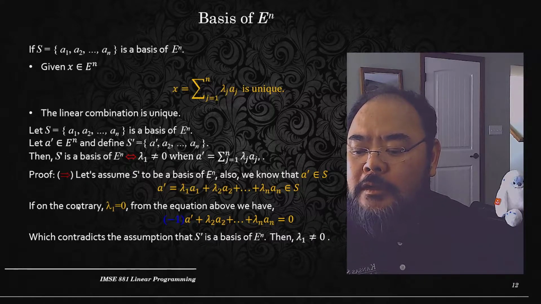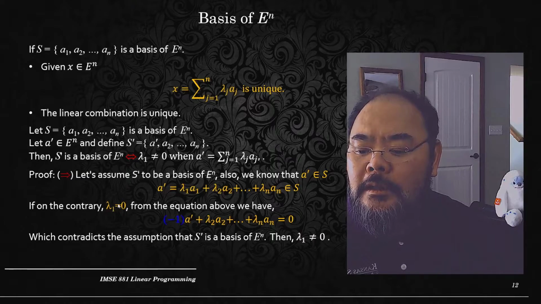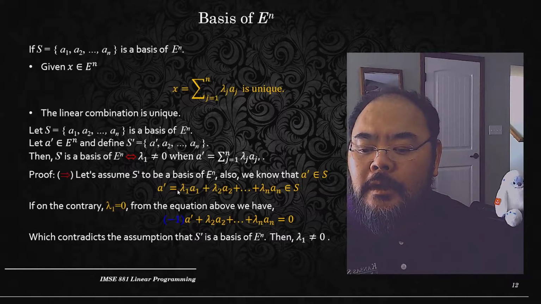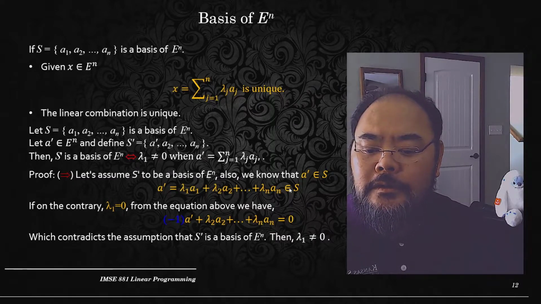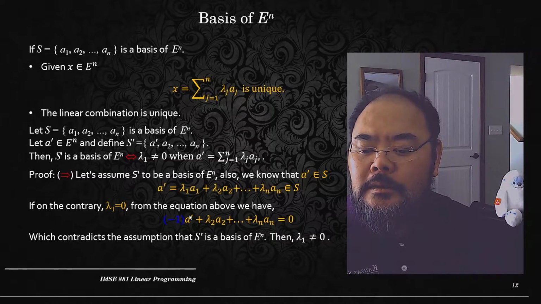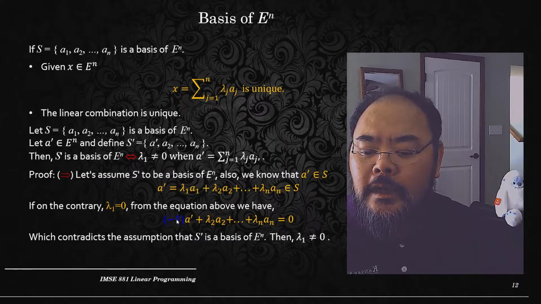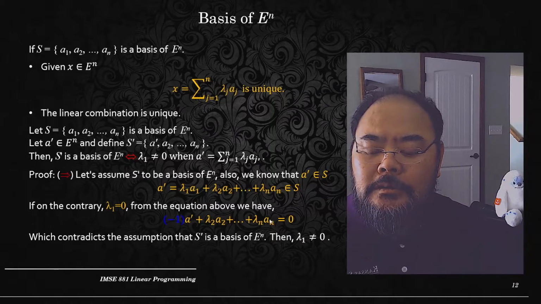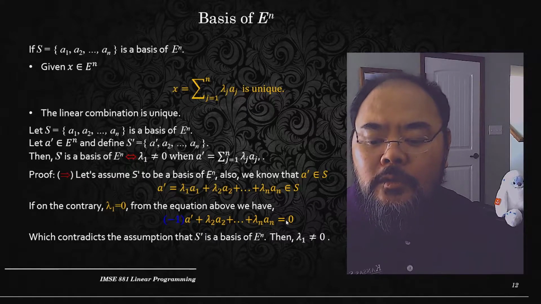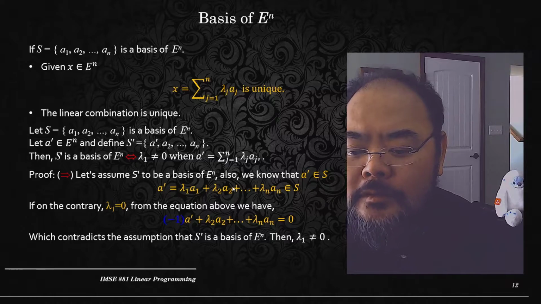So on the contrary, we assume lambda 1 equals 0. If lambda 1 equals 0 in this expression, the first term is gone. Therefore I can move A prime to the right-hand side, and therefore negative 1 times A prime plus lambda 2 times A2 all the way to lambda n times An equals 0, since both sides are equal.